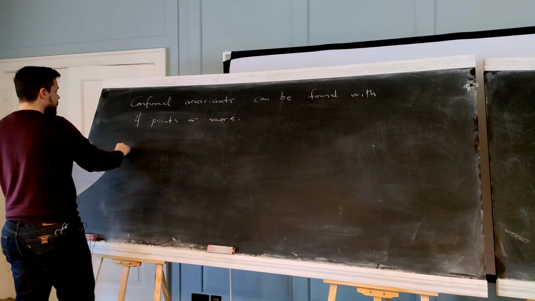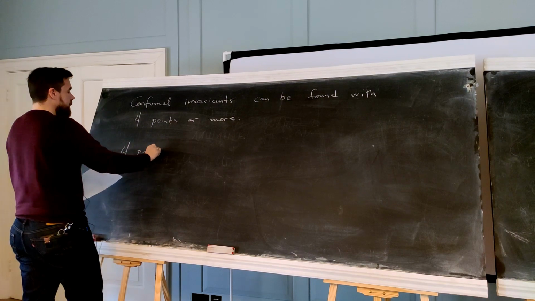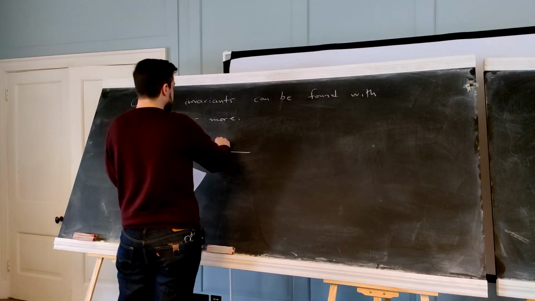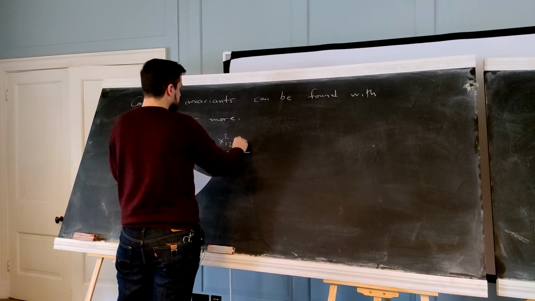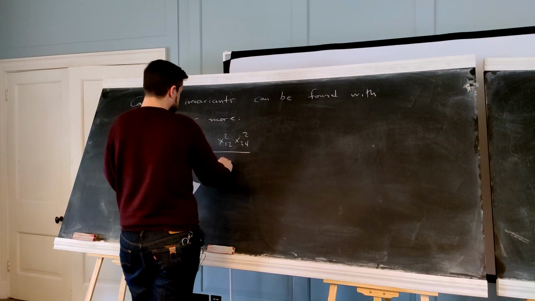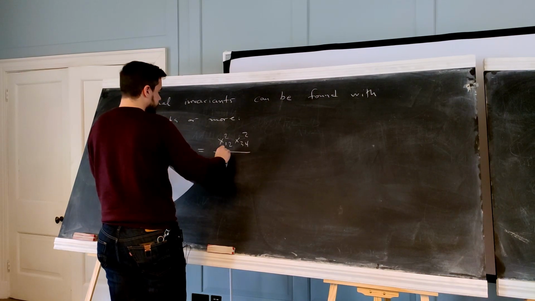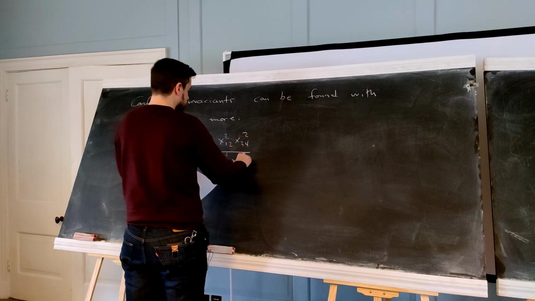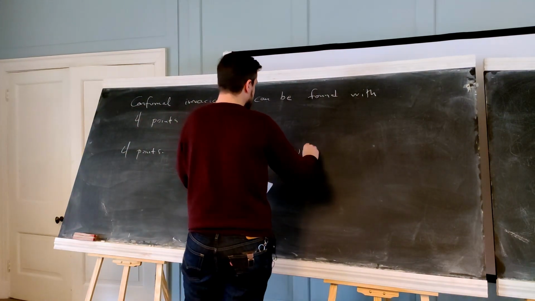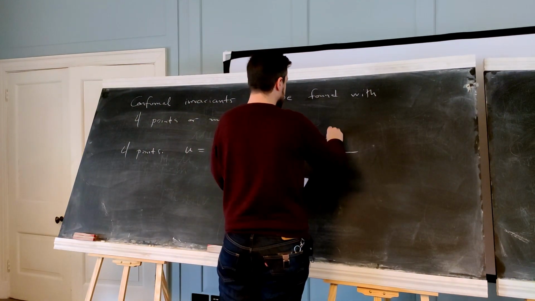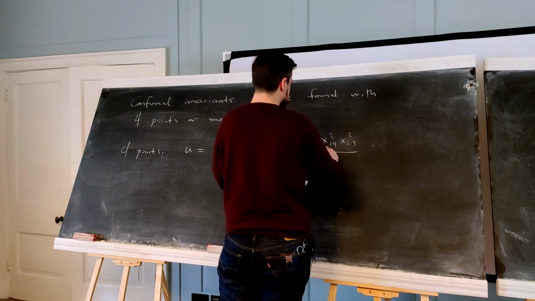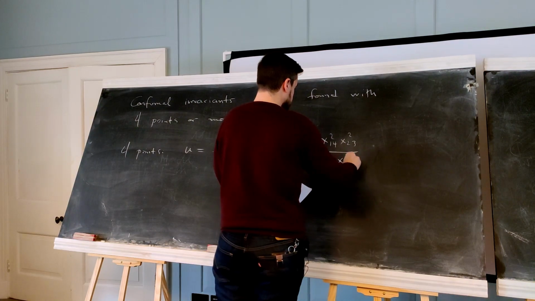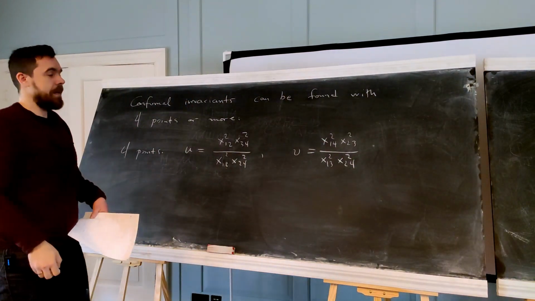In the case of 4 points, so for 4 points in space, you can construct 2 things, usually denoted by U and V. This is x13 squared. And the other one is V. And you can check that these are fully conformally invariant.